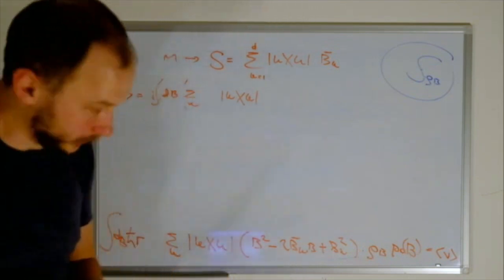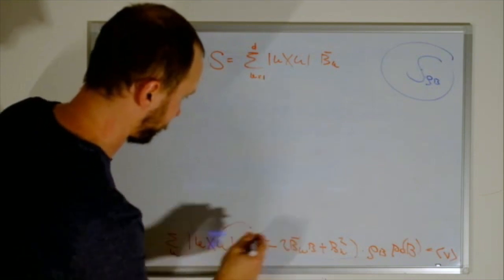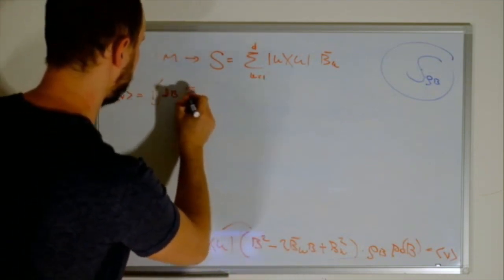Yeah, no, it's actually a good idea. So, the sum over K. Let me write these three terms on three different lines. We have the integral, the integral, and the sum over K everywhere.